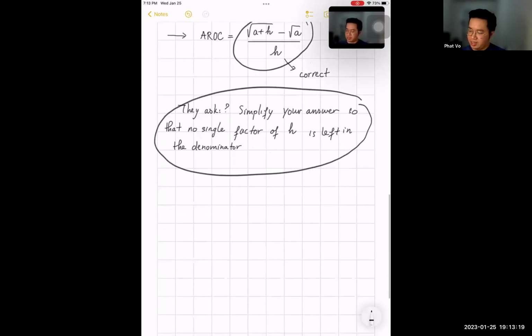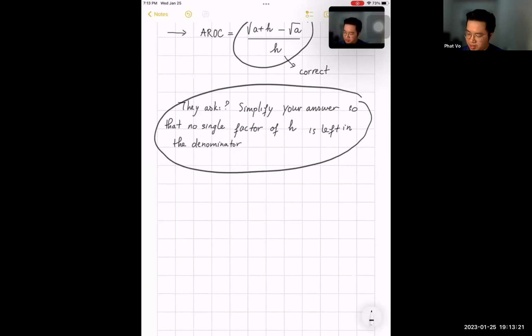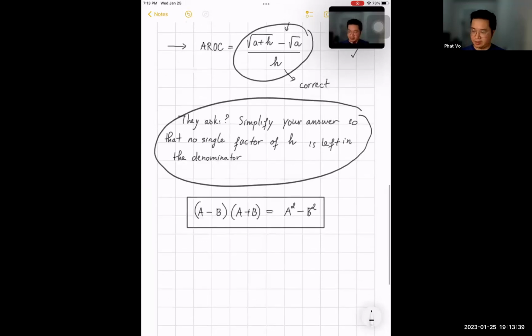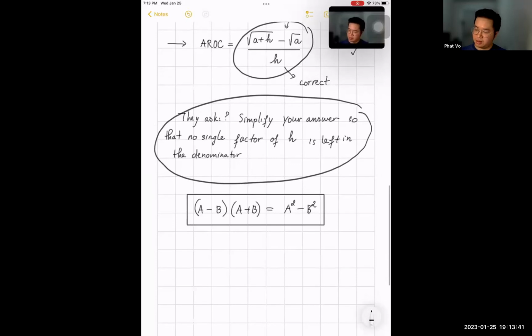how to do this? I will remind you of one formula: a minus b times a plus b is equal to a squared minus b squared, right? Okay, so I will use this formula to simplify this average rate of change.